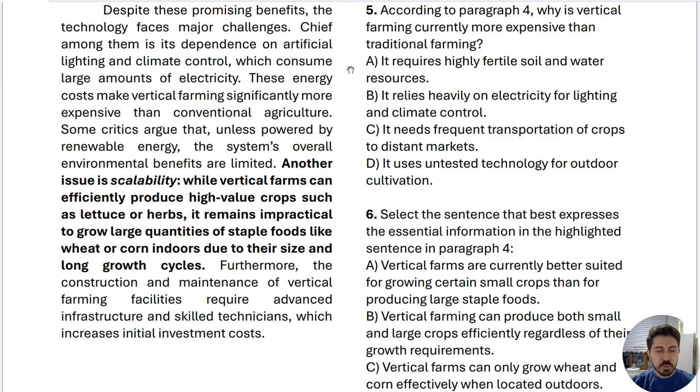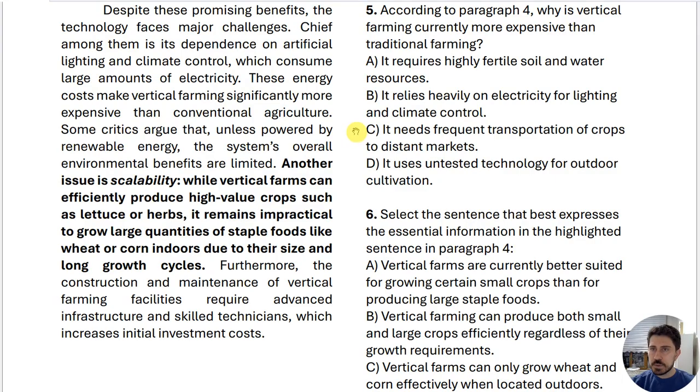So, when we read the second sentence and the third sentence in this paragraph, we understand that vertical farming relies heavily on electricity for climate control and artificial lighting. That's why vertical farming is more expensive than traditional farming. So the best option that gives this information is option B.